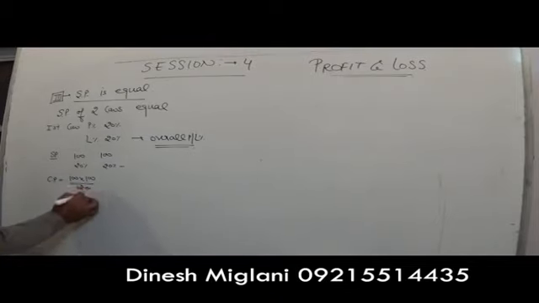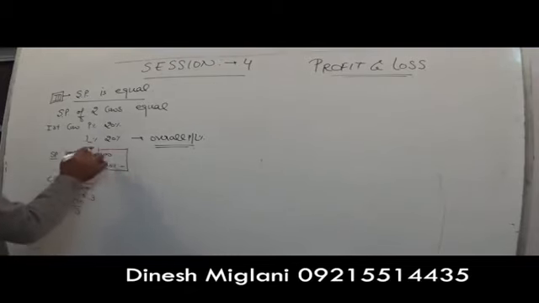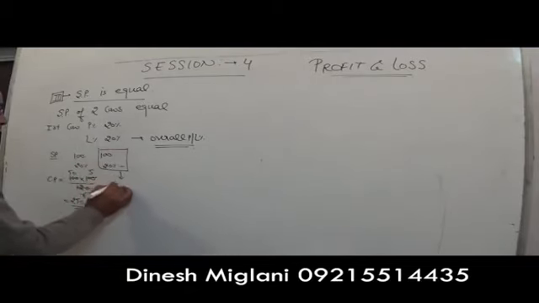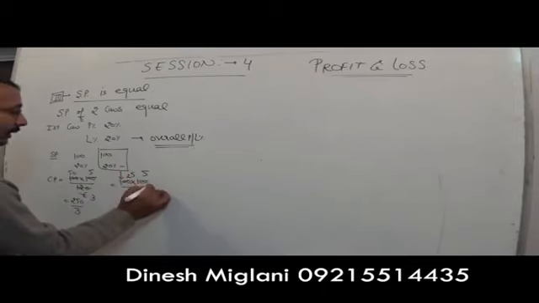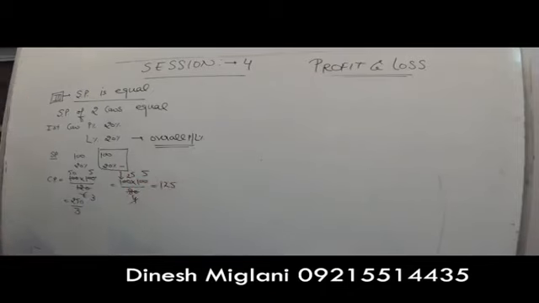This will be 250 upon 3. Similarly, for the second case, there is a loss of 20. So CP would be 100 into 100 upon 80, that is 125.